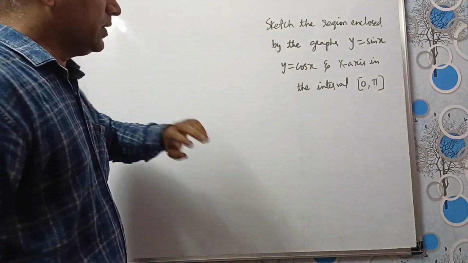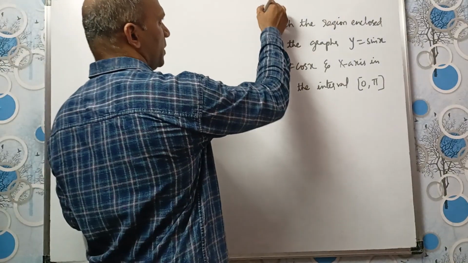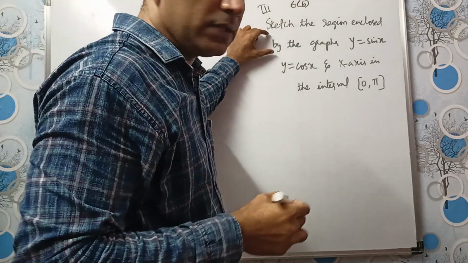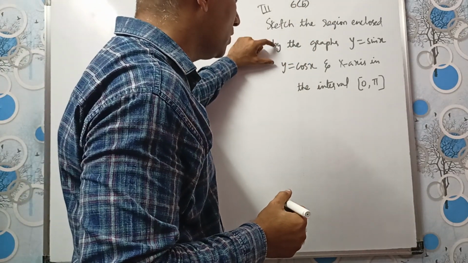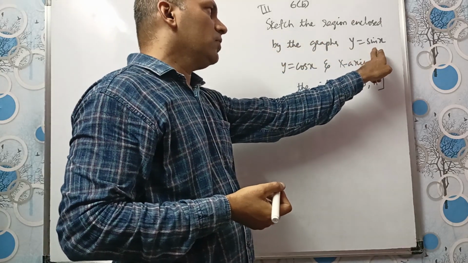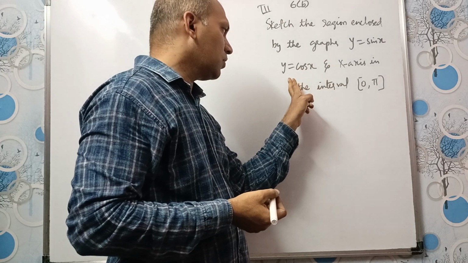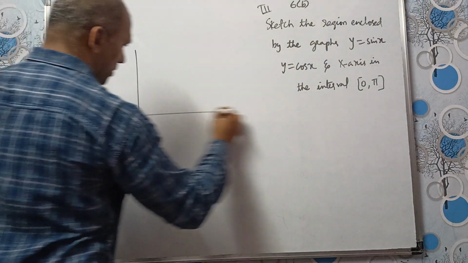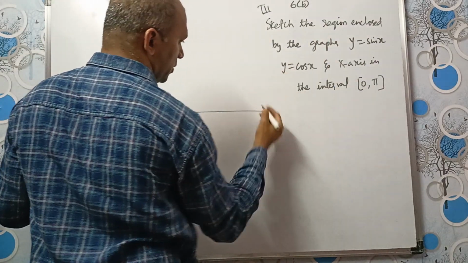Okay, this will be the last problem in this video. This is the third Roman question of the 6B exercise. Sketch the region enclosed by the graphs y is equal to sin x, y is equal to cos x and the x-axis. See, we know how to draw the sin x graph, we know how to draw the cos x graph, and we know what the x-axis is, right? All this should be drawn in one graph.